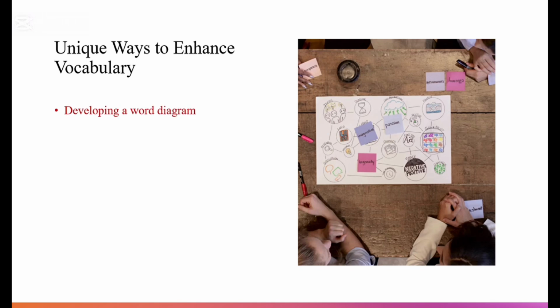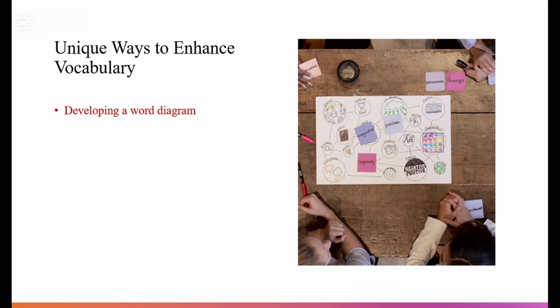So what are those ways? The first thing is we need to learn how to develop a word diagram. Sometimes people simply write the word and then write the meaning of that word. This can work for a few people, but I believe we need to develop a word diagram.